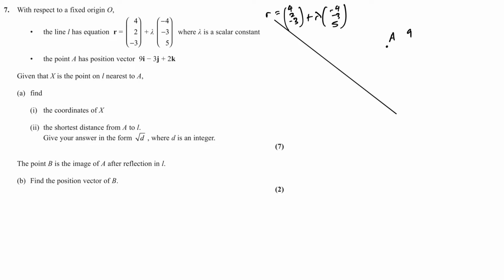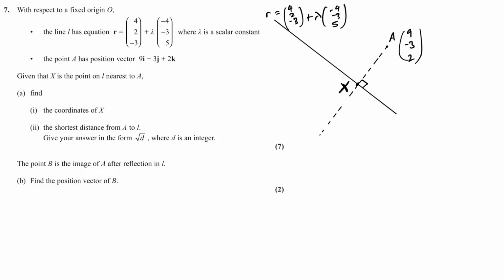Let's put it out here, because it's all in 3D, isn't it? So it's not as easy to draw. So there's A, and then X is the point on L, which is the line I drew first, nearest A. So if it's nearest A, what that actually means is it's going to be at perpendicular or right angles. So this is what we're thinking of. So think of the right angles here. This is going to be my X.